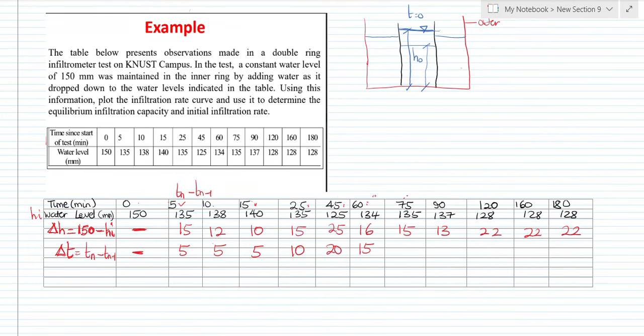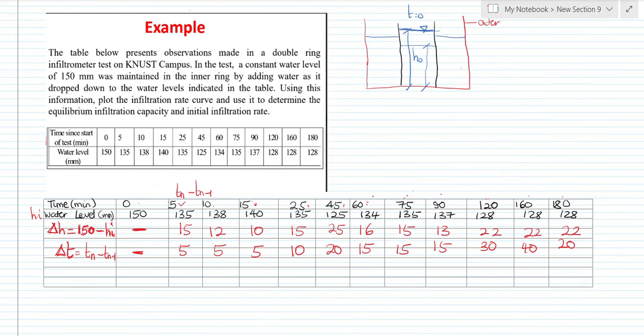If I am here, 75 minus 60, that is also 15. If I am here, 90 minus 75, that is 15. Then if I am here, 120 minus 90, that is 30. If I am here, 160 minus this, that one is 40. Here, this minus this, that one is 90.